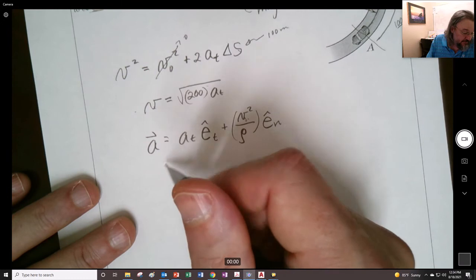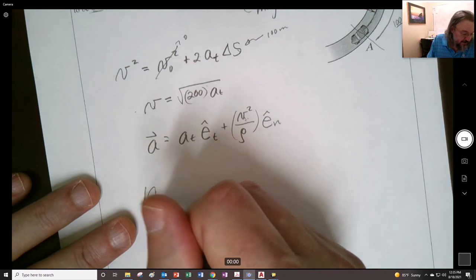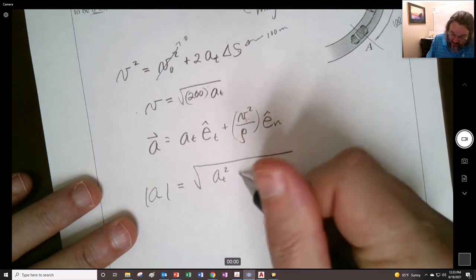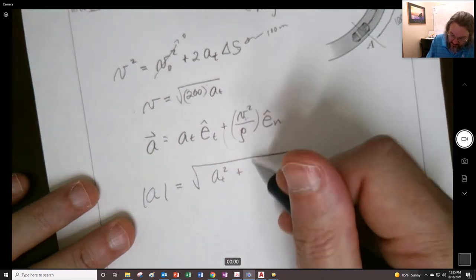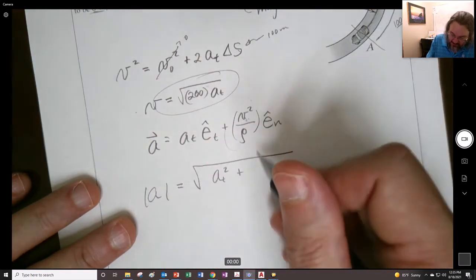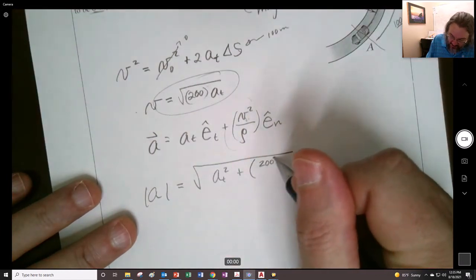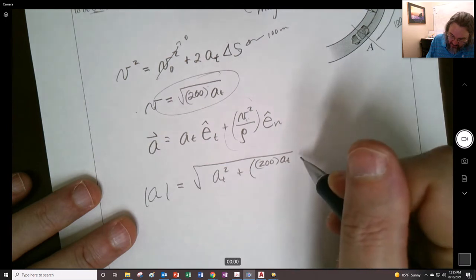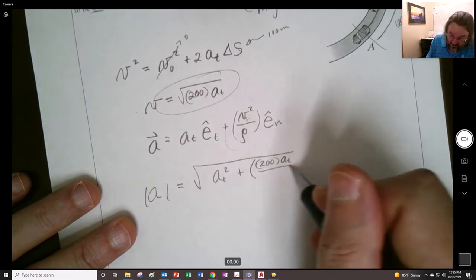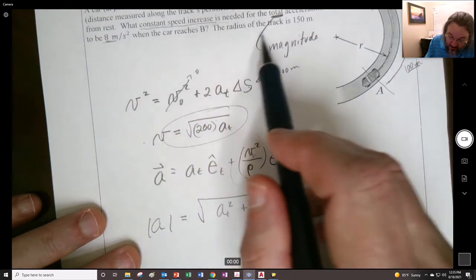Plug this in here, and we know the magnitude, so this is equal to the square root of a_t squared plus this part squared. I can stick this in at the same time. Squaring the velocity, that's just going to be 200 a_t, because I can get rid of the square root. Then divided by rho, which we know to be somewhere here.